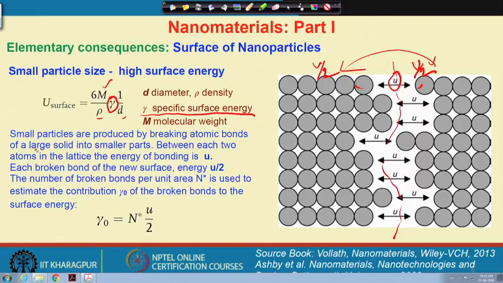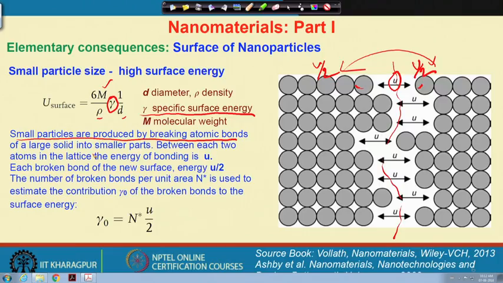So, once again, if I repeat the same thing I just told you, small particles are produced by breaking the atomic bonds of a large solid into smaller parts. Now, between any two atoms in the lattice, let us assume the bonding energy is U, which is shown here.